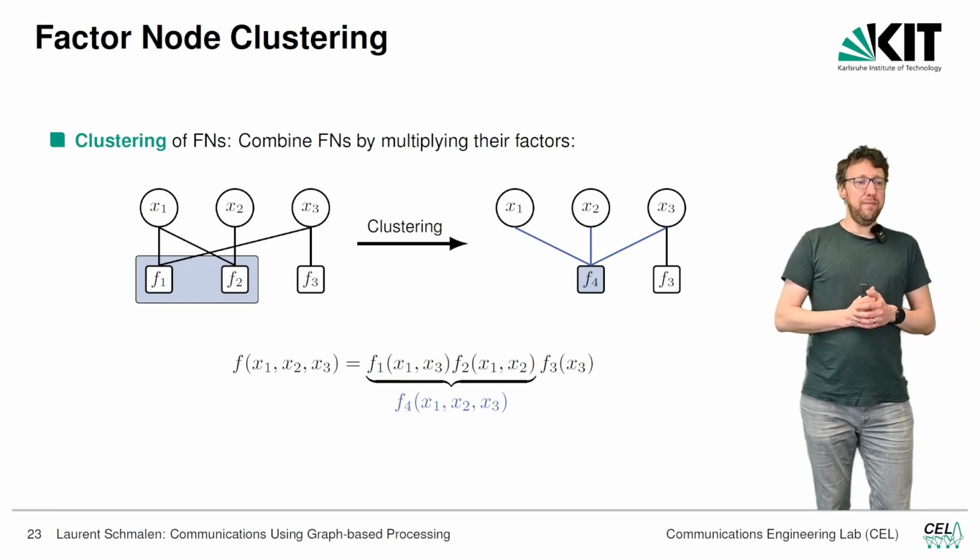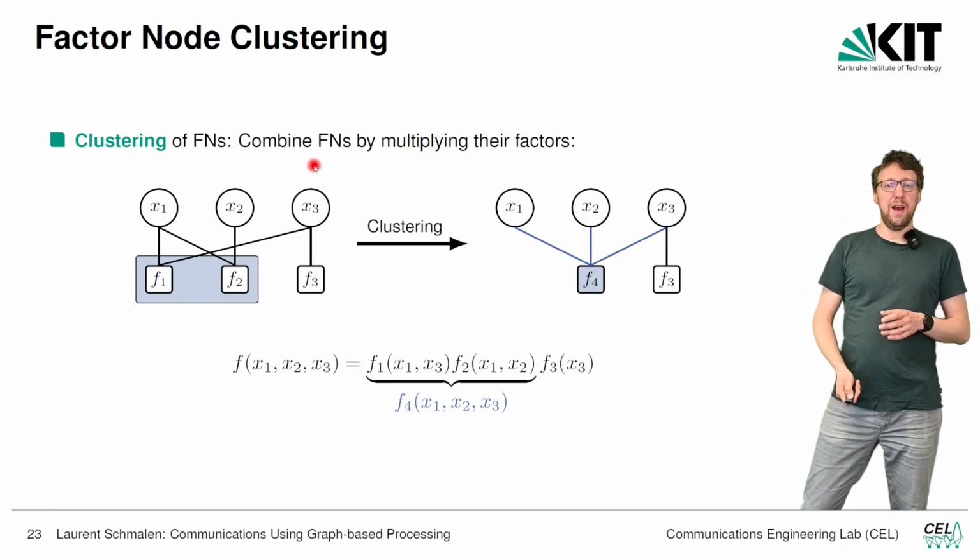So here's the idea. We apply clustering. So we have this vector graph with 3 vector nodes, and now we take 2 of those nodes and we represent this as a new node f4. So for instance, if we have this factorization of the function f1(x1, x3), f2(x1, x2), and f3(x3).